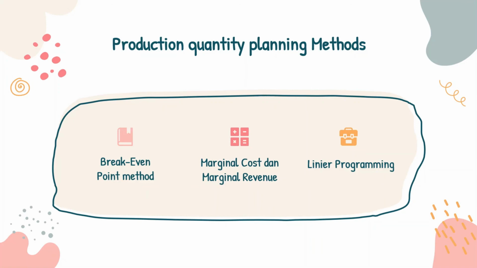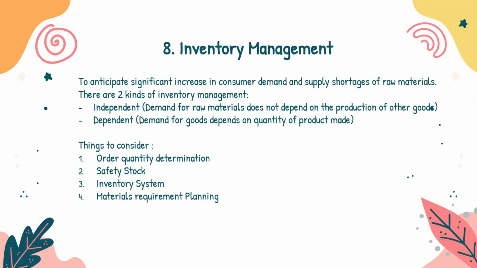There are three methods you can choose to plan your production quantity: break-even point method, marginal cost and marginal revenue, and linear programming.